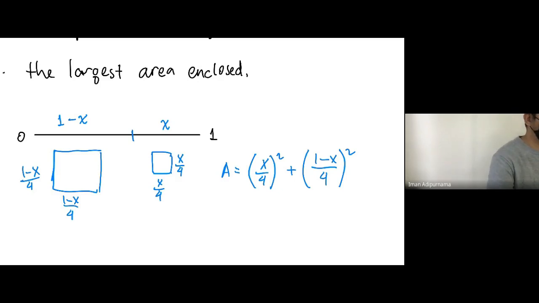So we have the constraint already done in this wire, right? It's 1 meter, and x and 1 minus x are the pieces. So this is our constraint, and this is our optimization, right?